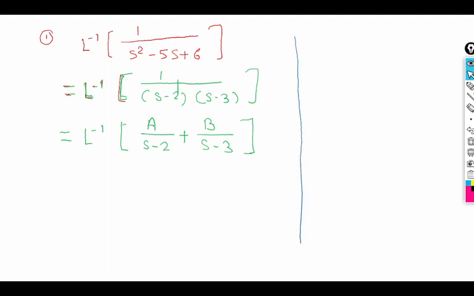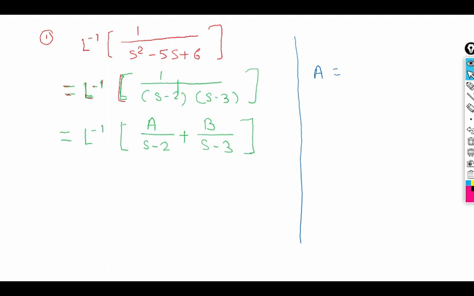Now to find A, we use a shortcut method. To get the constant A, ignore the denominator of A from the original given function and write the remaining.